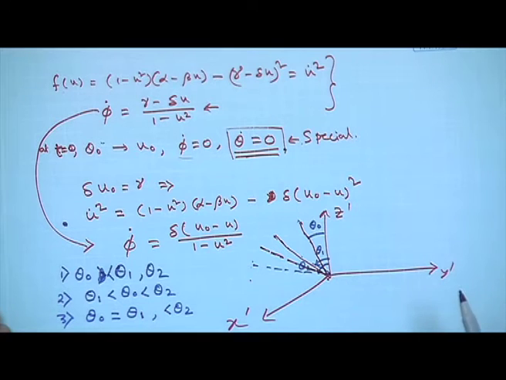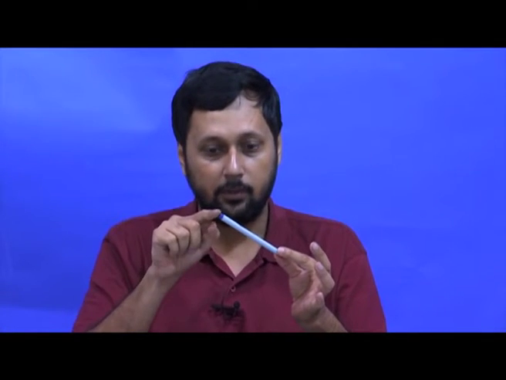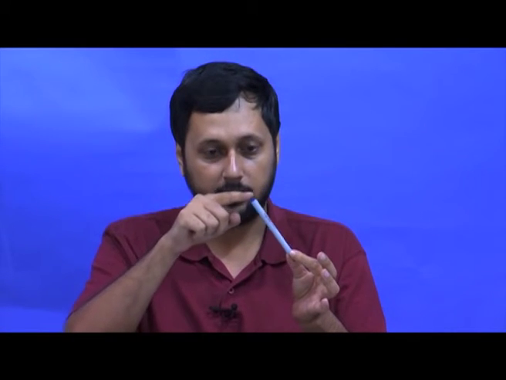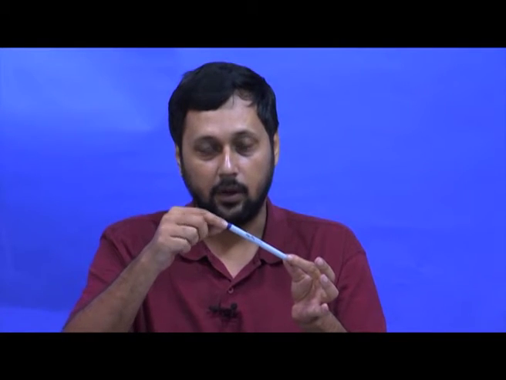So, let us consider this. Let us say this is my value of theta 2, which is the lower limit. The axis of the top can oscillate between these two limits. You start initially at theta 2. Now, the moment you start, it starts dropping.